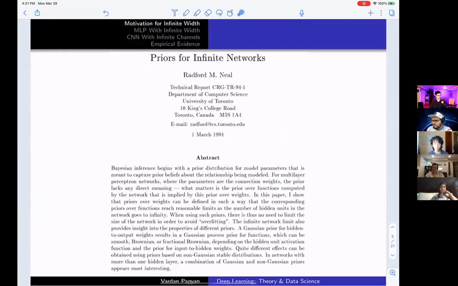It's actually not a paper, it's a technical report from 1994, where what is being discussed is essentially the same idea of growing the size of the network to infinity. I will not read the abstract, but I just want to mention that I believe this is the first reference of a person who was interested in infinite width networks.